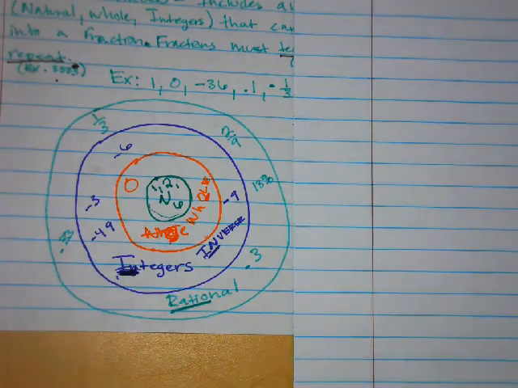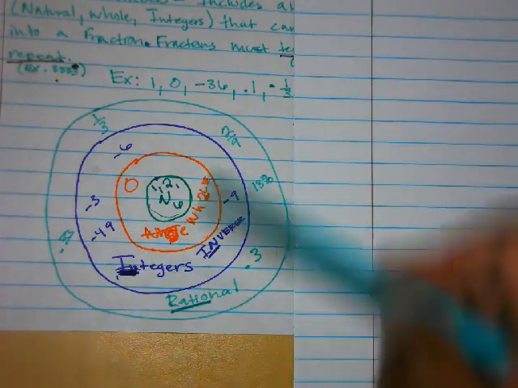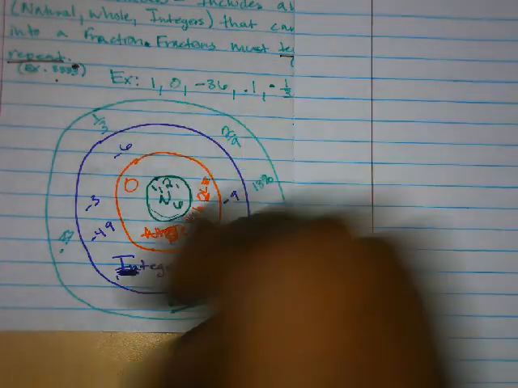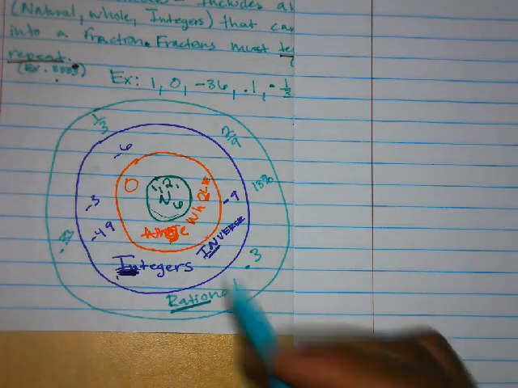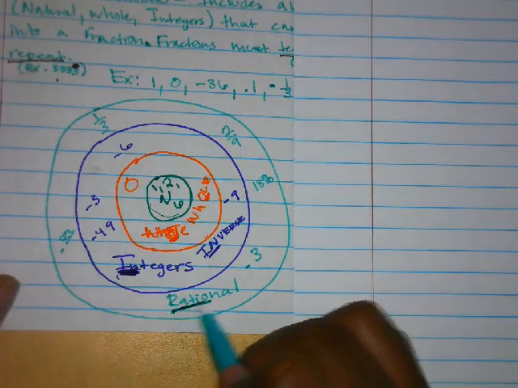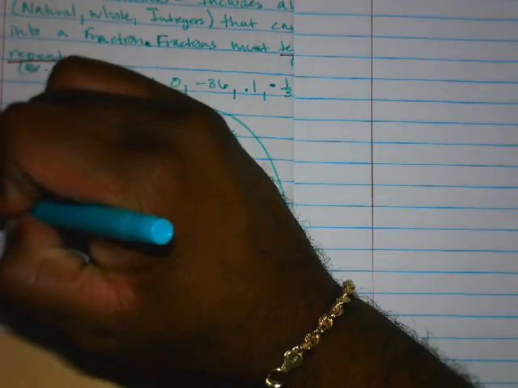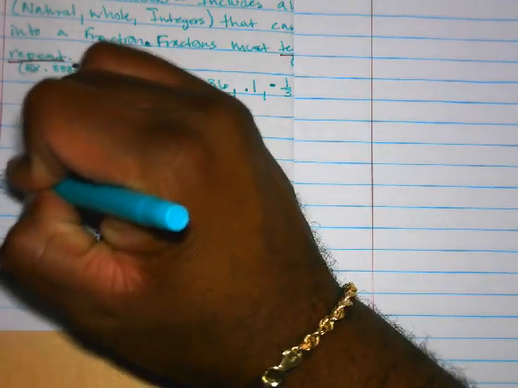These are all rational numbers. So it includes all of the decimals, percents, and fractions, as well as the integers, as well as the whole numbers, as well as the natural numbers. All of these numbers are rational numbers. I underline the ratio part of rational because a ratio is a fraction.